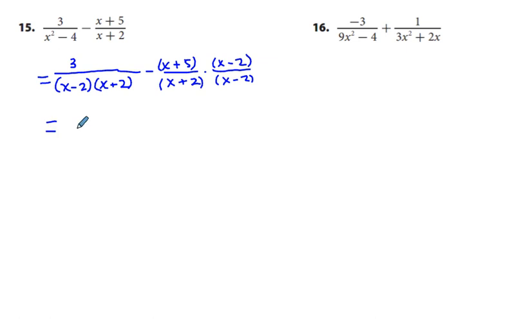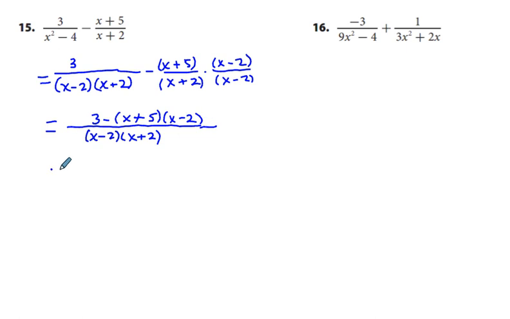And just working below, I'm going to write all these under the common denominator, x minus 2, x plus 2, and then we have 3 minus the product of x plus 5 times x minus 2.